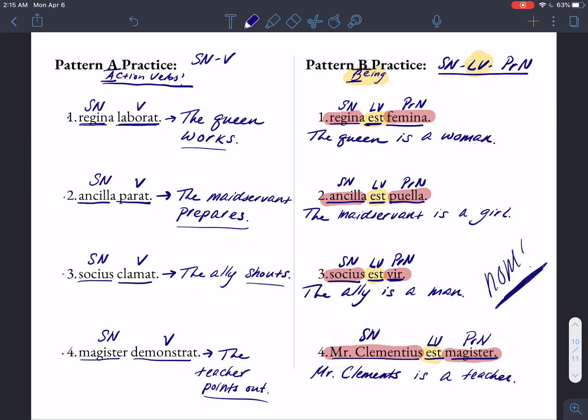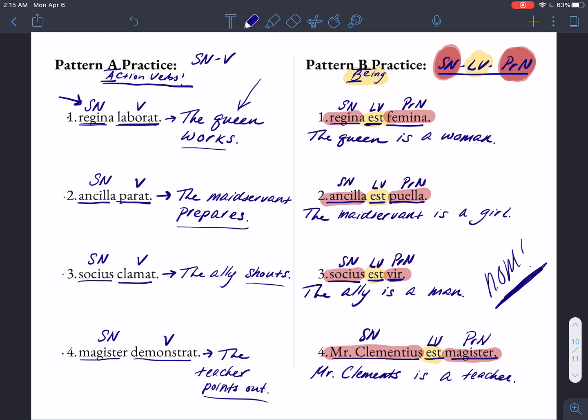Okay, remember, nominatives are used for subject nouns, and they're used for predicate nominatives. Okay? So please make sure that you have all of your sentences on both sides labeled, meaning you wrote the little letters above, and make sure that you've translated each.